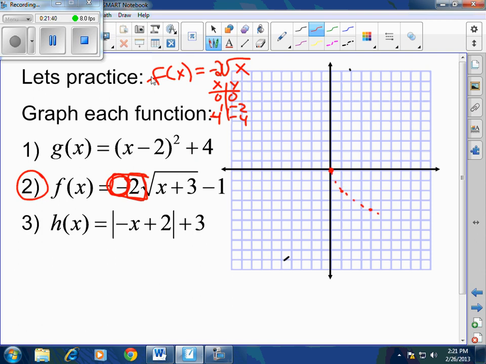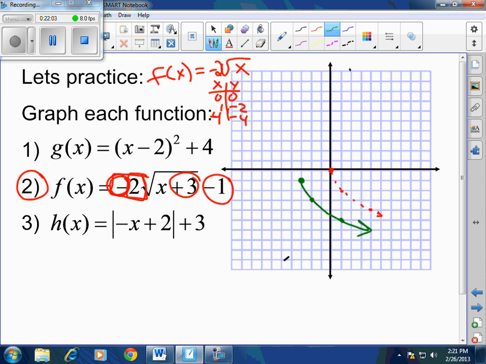Okay, but from this, didn't I have to shift every point 3 to the left and 1 down? Okay, so that's my little parent, but now I gotta go 3 to the left and 1 down. 1, 2, 3 to the left, 1 down. Yeah, it's gonna be a lot easier.